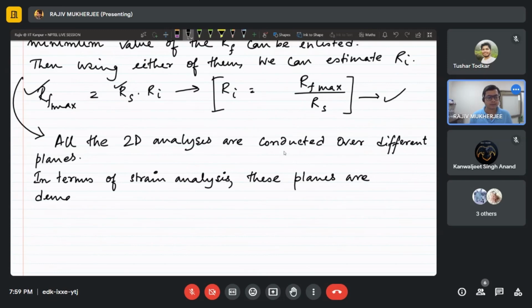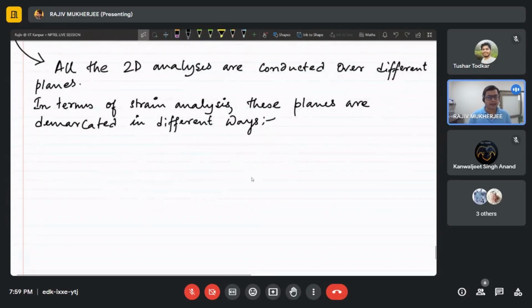How so? The first thing is that in the field we follow the convention that the direction of maximum elongation is marked as x.